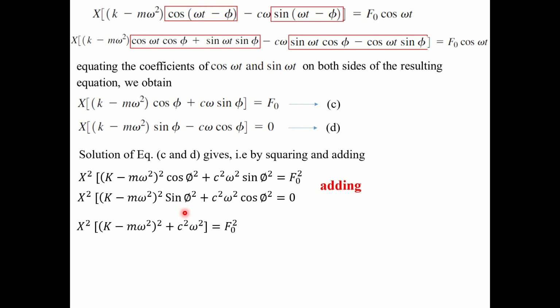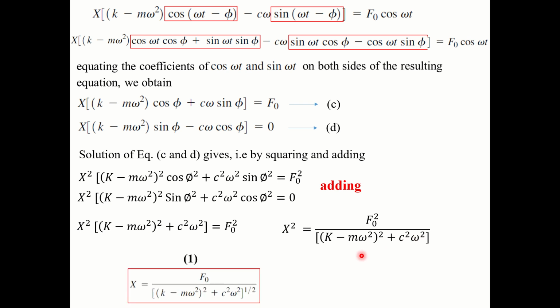Now find the solution for x. So x is here. What I can do is send this to the bottom: x square equals f naught square divided by (k minus m omega square) whole square plus c square omega square. So x is equal to f naught divided by the root of (k minus m omega square) whole square plus (c omega) whole square.